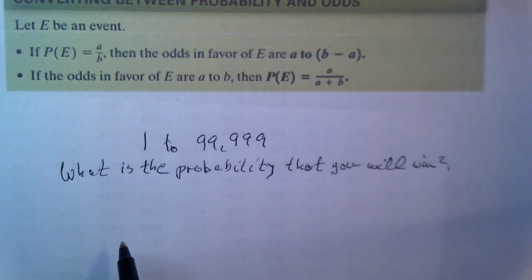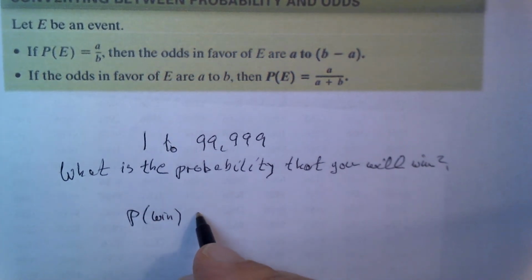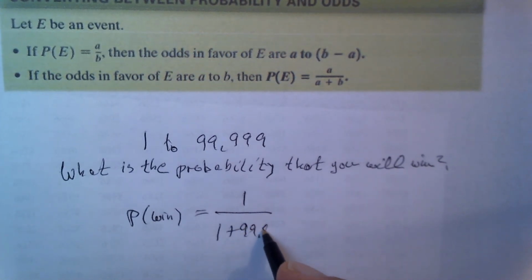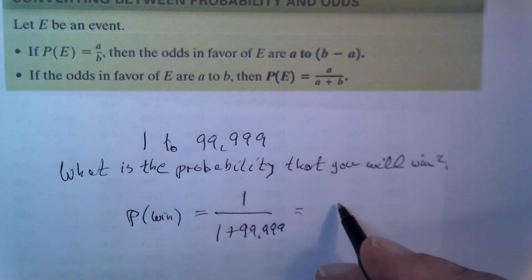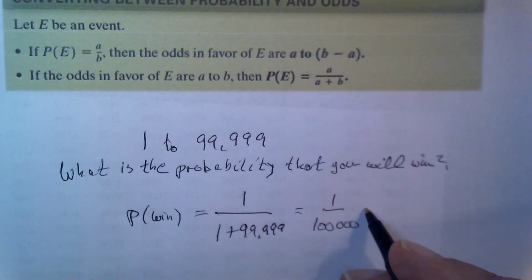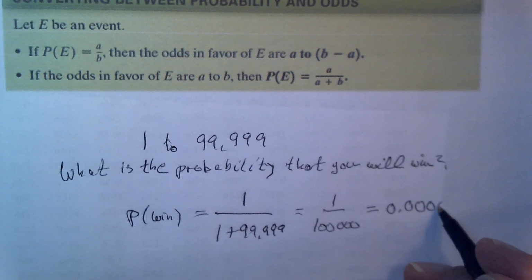Well, we use the formula: P to win is equal to 1 divided by 1 plus 99,999, or 1 to 100,000, or 0.00001.